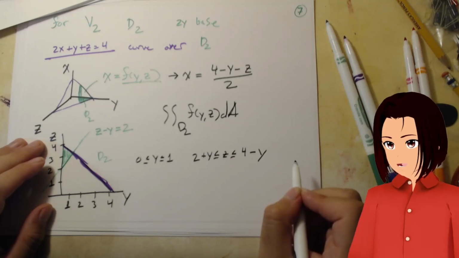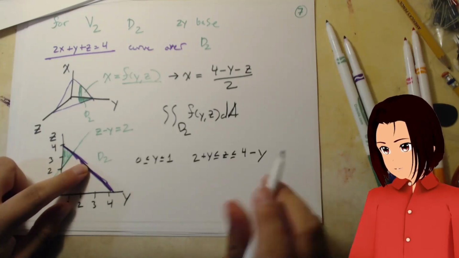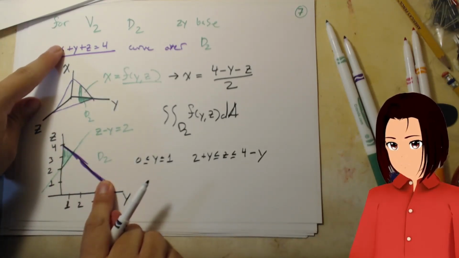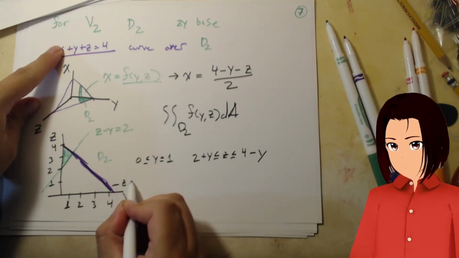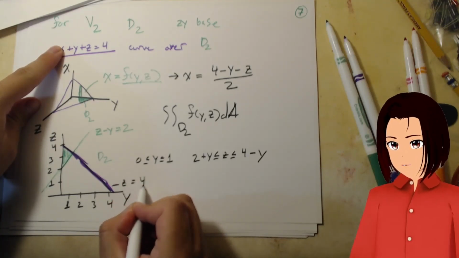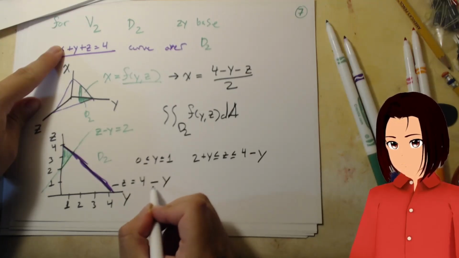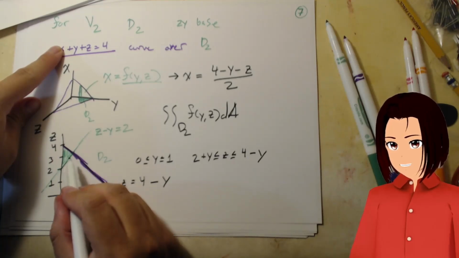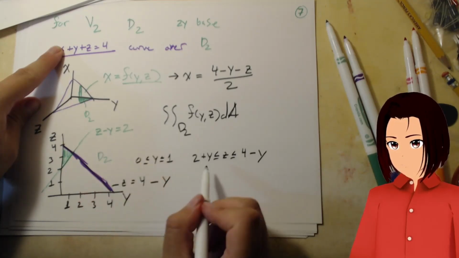So this line right here, if we set our x equal to 0, we can see that z is equal to 4 minus y. So that's this guy right here. That's the upper bound. And the lower bound is z minus y equal 2. So that's just z is equal to 2 plus y, which is right here.